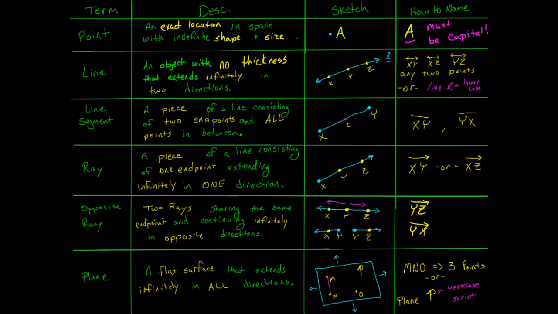This could be, and I'll draw it right here, going through that line, through that point, excuse me. Go over here and grab that point a little bit bigger. So, there is a ray that's inside of a plane. Any of these things that we've already talked about can be held within a plane.